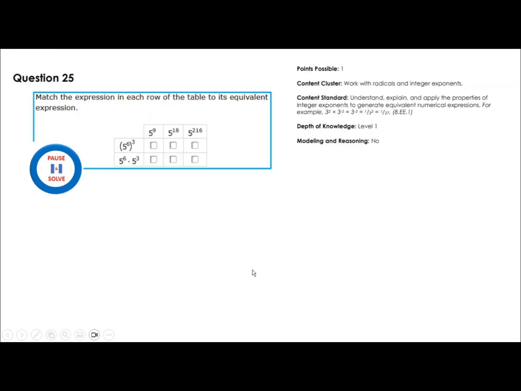Now, question number 25. Match the expressions in each row to the table to its equivalent. There was something here that hidden maybe. Okay. Solution. Rules. x to the power m times x to the power n is equal x to the power m plus n.